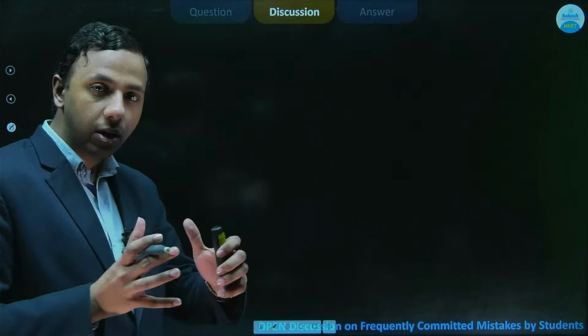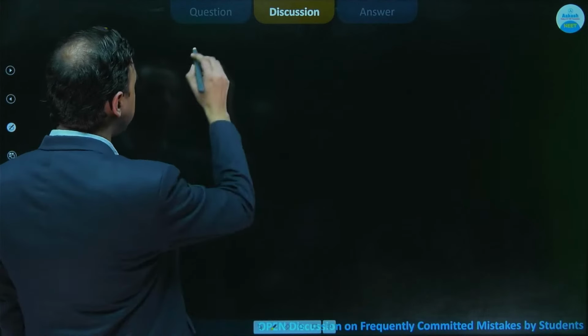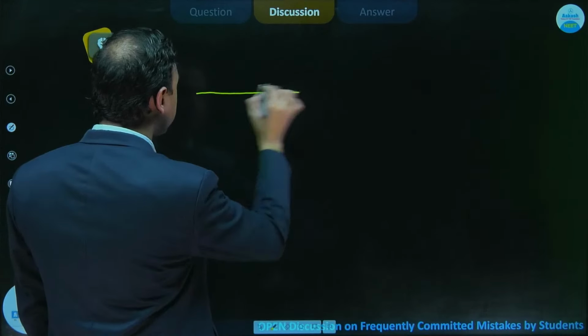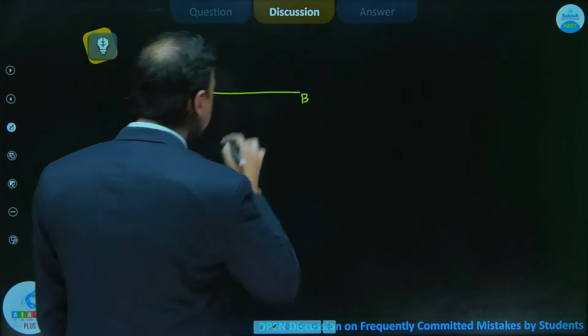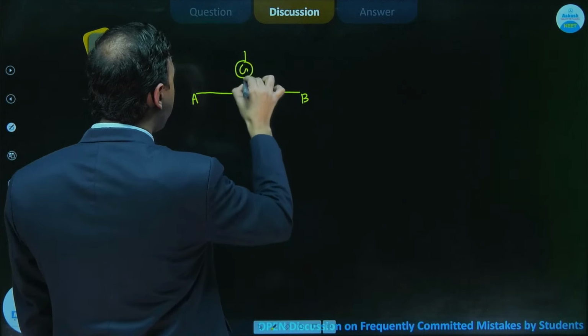You can remember the result, or you can remember the diagram also. If I were to draw a simple diagram, you have A and B, and here is your galvanometer.